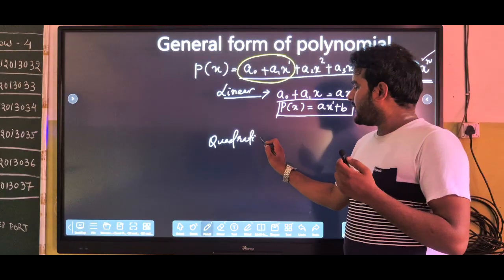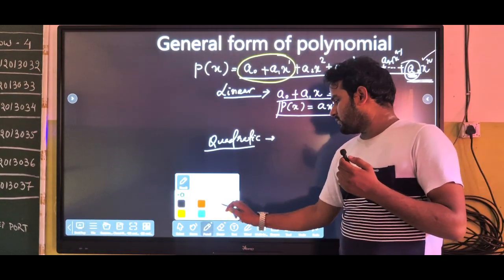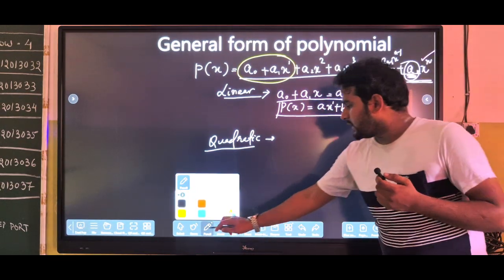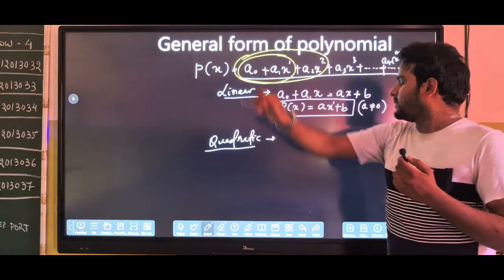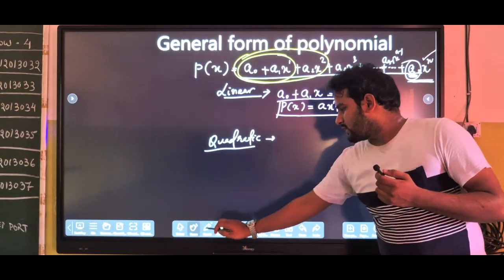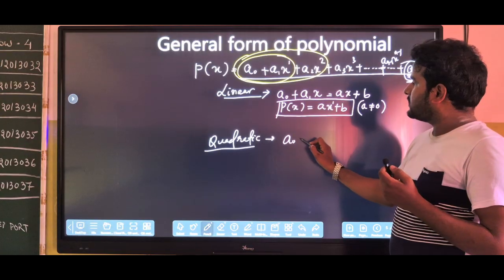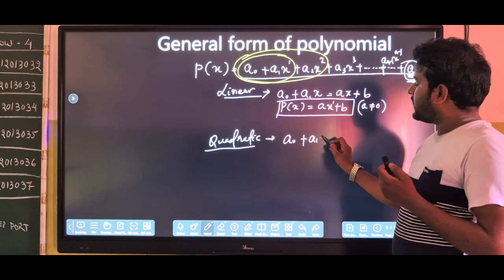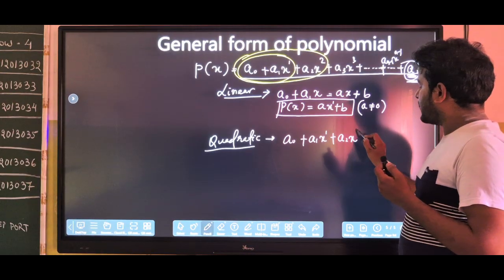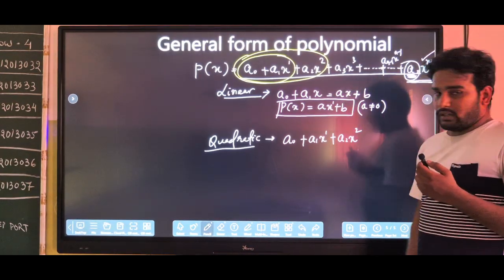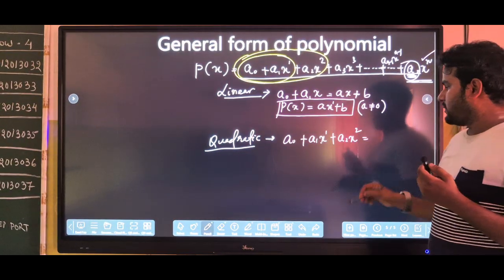For quadratic, the highest power is 2, or the highest exponent is 2. So how many terms will I take? All the 3 will be taken: A0 plus A1x plus A2x square. Let us simplify it just like the previous one.